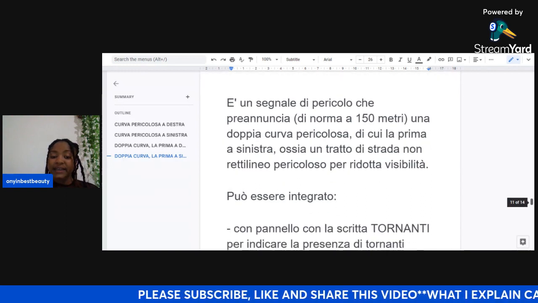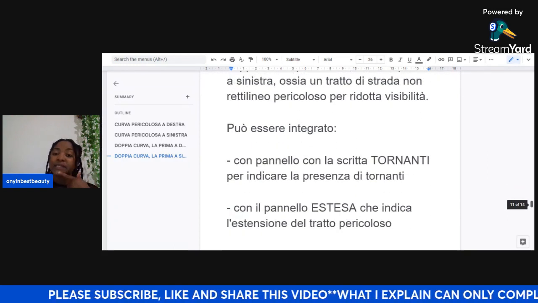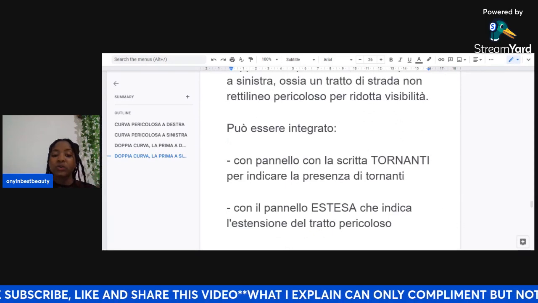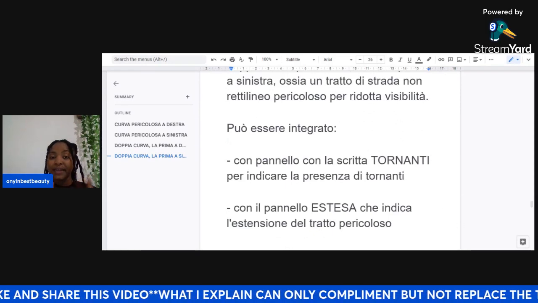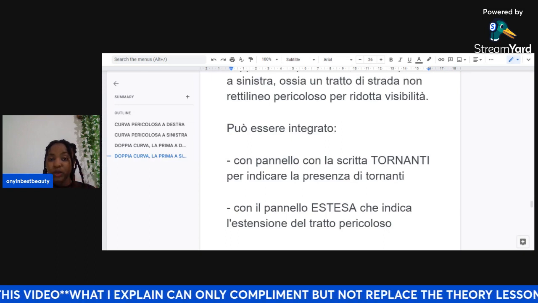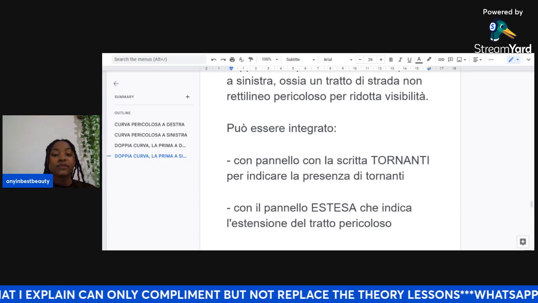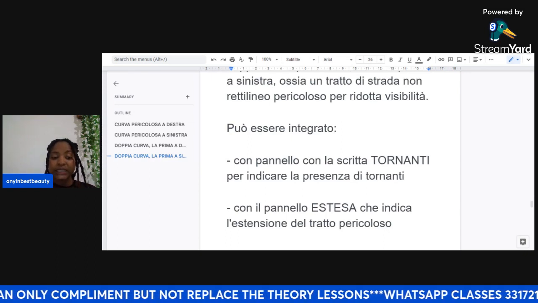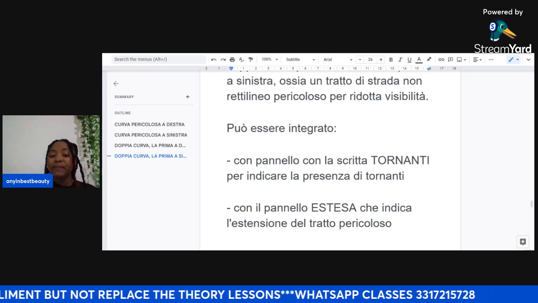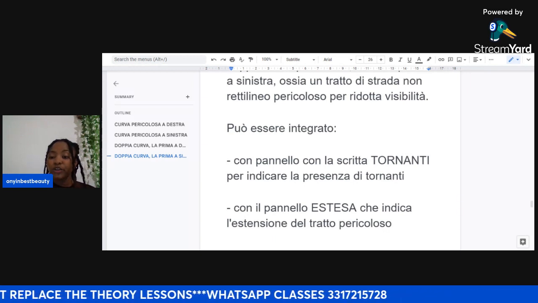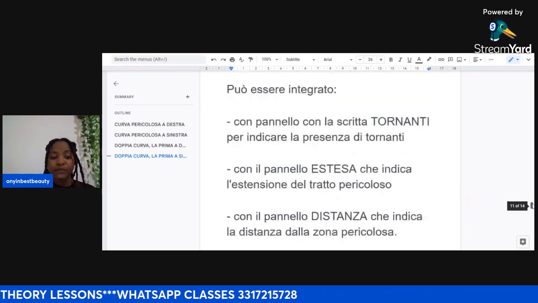Può essere integrato, again, it can be integrated, con pannello con la scritta tornanti. With that integrative panel, I showed you earlier in this video that they wrote tornanti, you can see it, per indicare la presenza di tornanti, to tell you the presence of a turn.